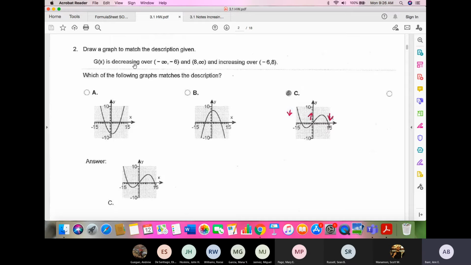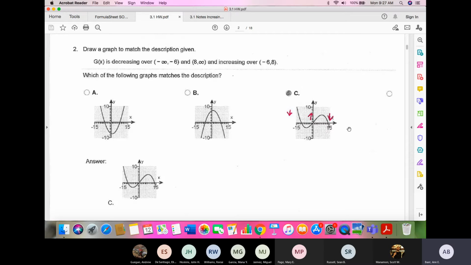So we're going decreasing, increasing, decreasing. Well, the only one of these that's decreasing, then decreasing to this relative minimum, and then increasing to this relative maximum, and then decreasing is graph letter C. Anybody have any questions on that?